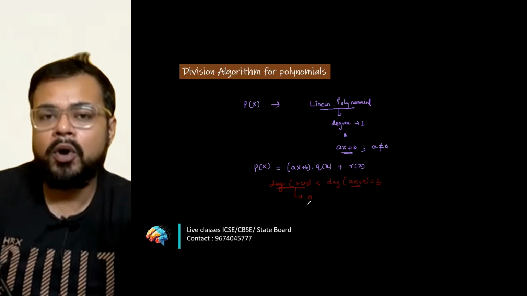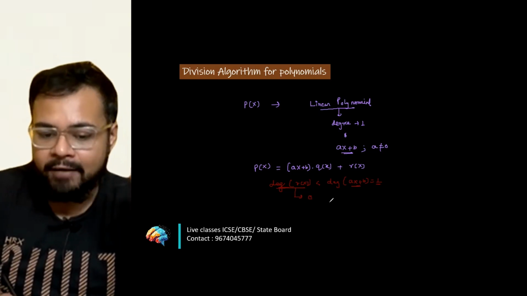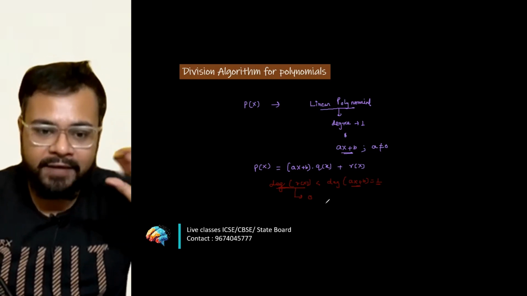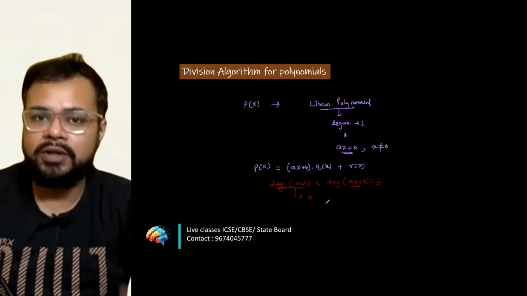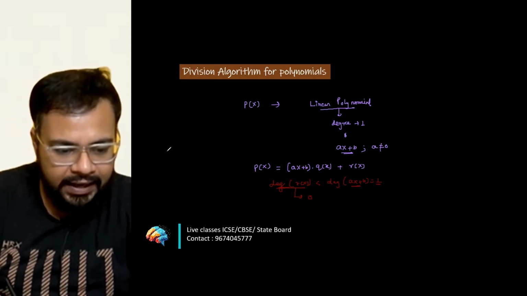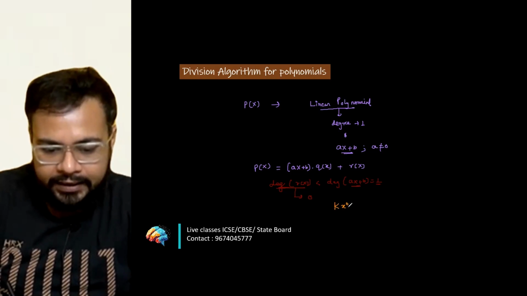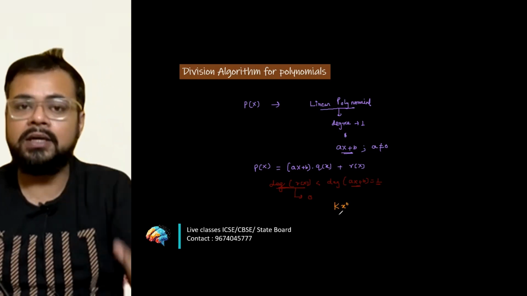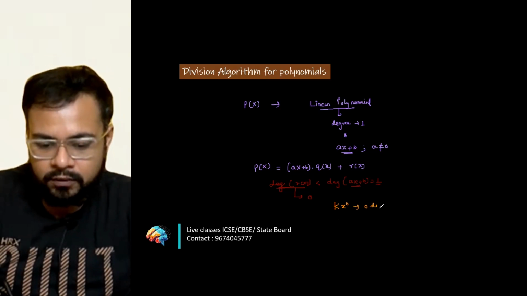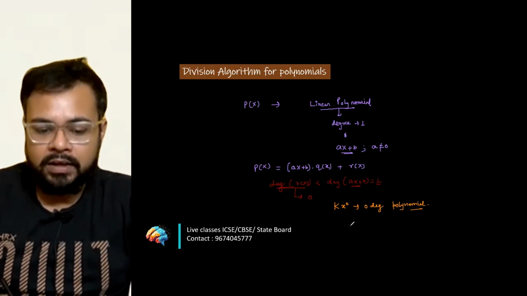Now, what is a polynomial having degree 0? It should not have any variable term with degree more than 0. So it should look like some constant k times x to the power 0. That is the general form of a degree 0 polynomial.